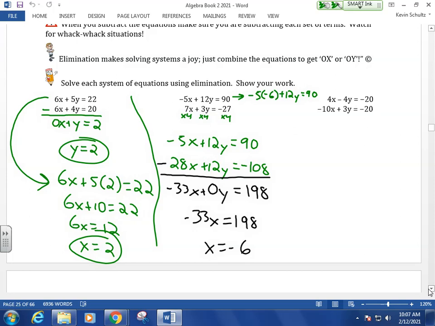This multiplication gives us 30 plus 12y equals 90. Subtract 30 from both sides. 12y equals 60. Divide both sides by 12. And y is 5.